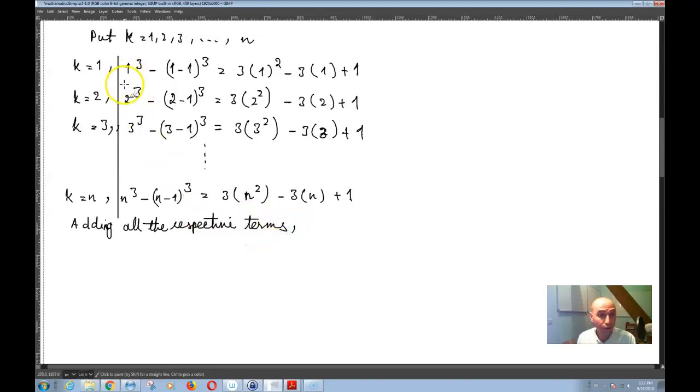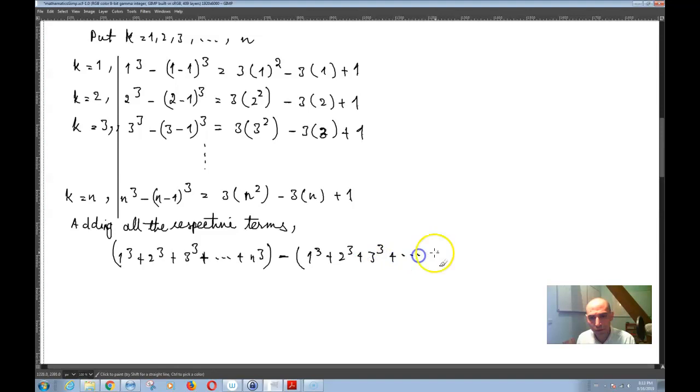Then I have to subtract from that 0 cube, which is 0, and 1 cube plus 2 cube plus 3 cube plus all the way up to (n minus 1) whole cube.